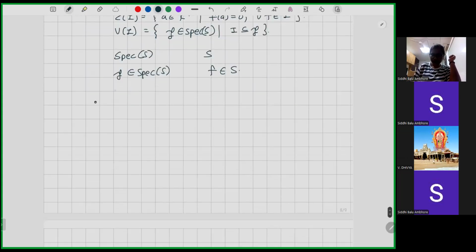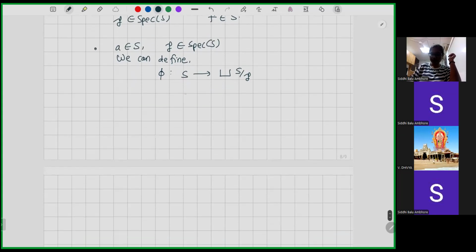If we have A in S and P in Spec S, then we can define this map phi from S to the disjoint union of S mod P, such that A goes to A bar.